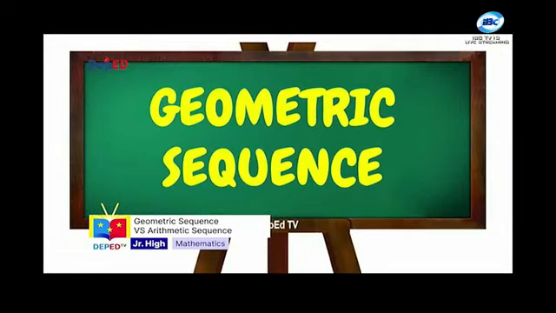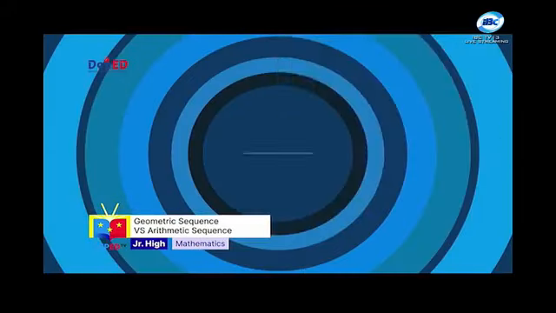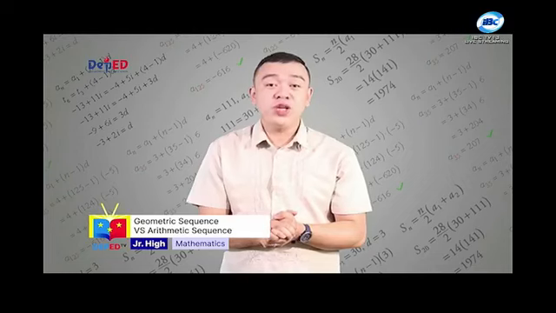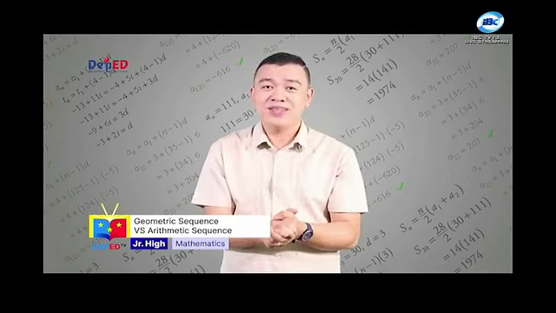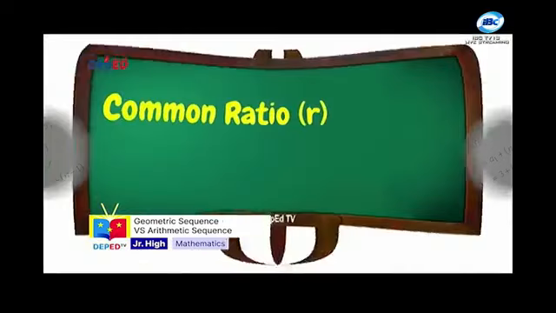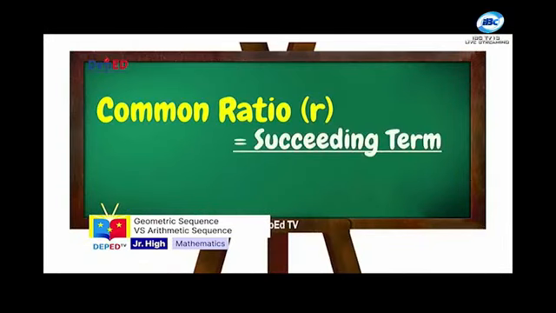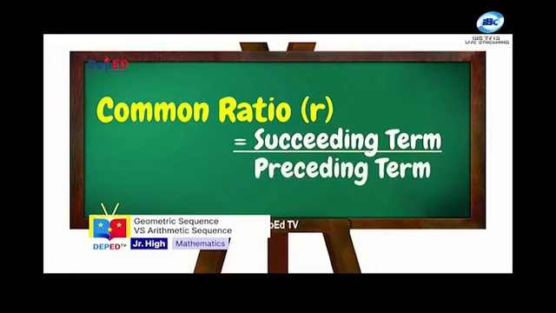This sequence is an example of geometric sequence. Using the given terms of the sequence, how will you obtain the common ratio? The common ratio R is obtained by dividing the succeeding term by the preceding term.